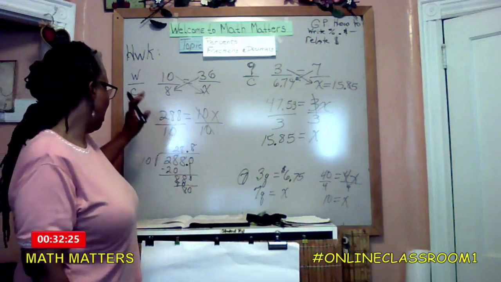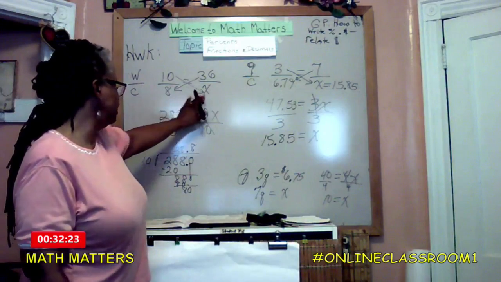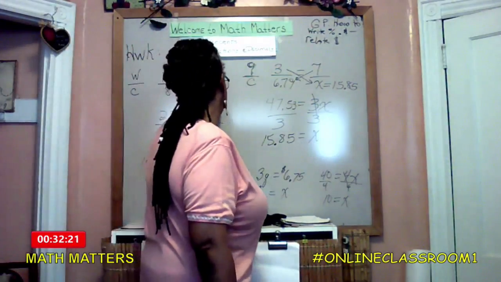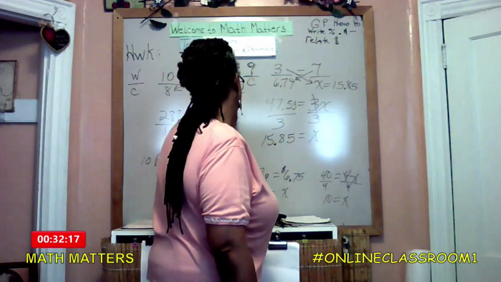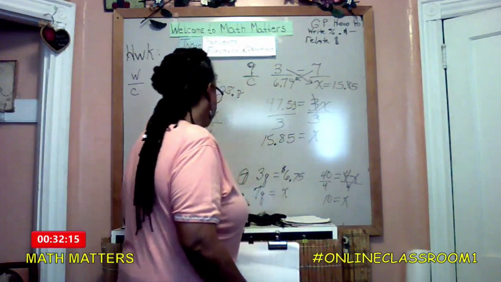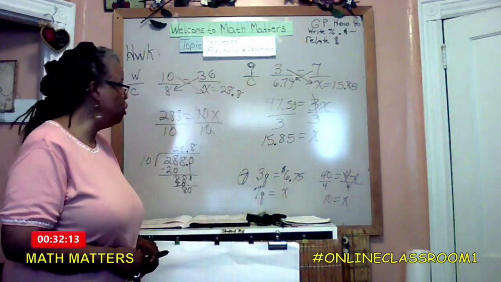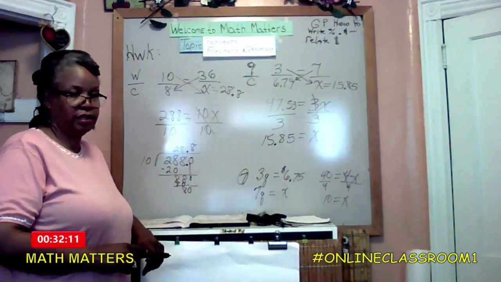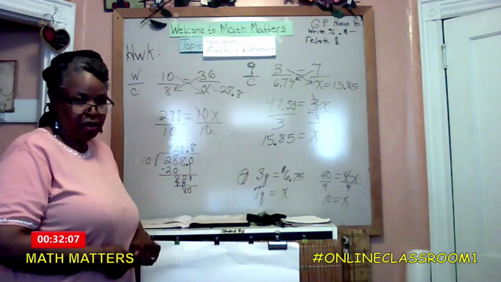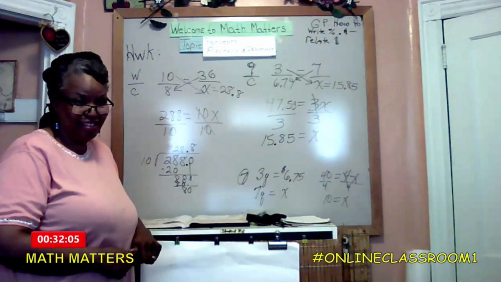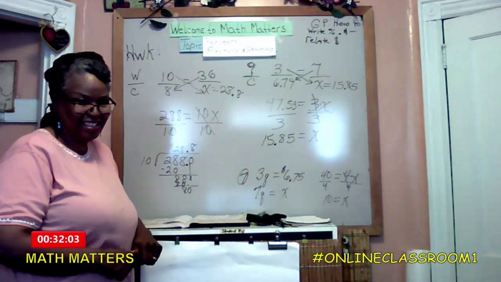That's how much cheese we're going to need. 28.8 ounces of cheese is what we will need for the 36-ounce pizza. America's pastime food. Make sense?